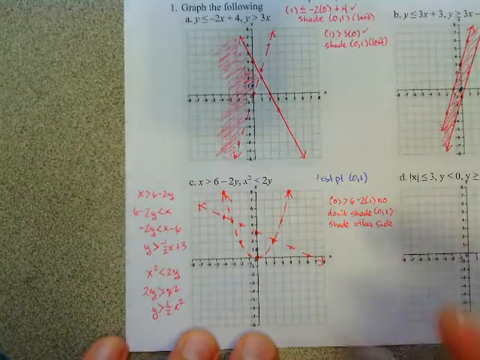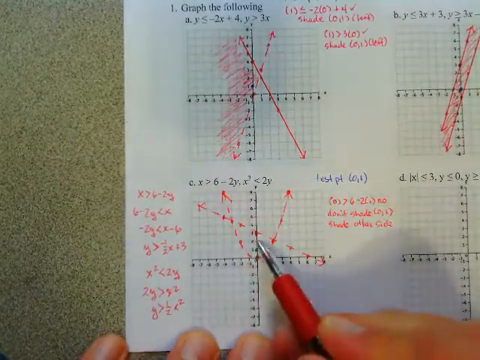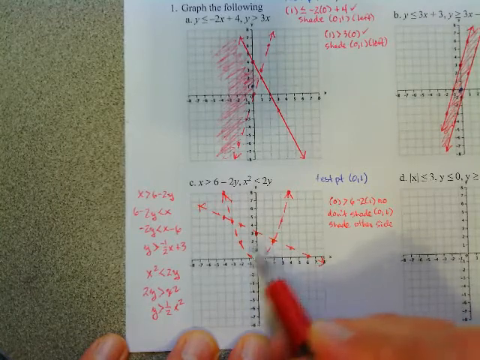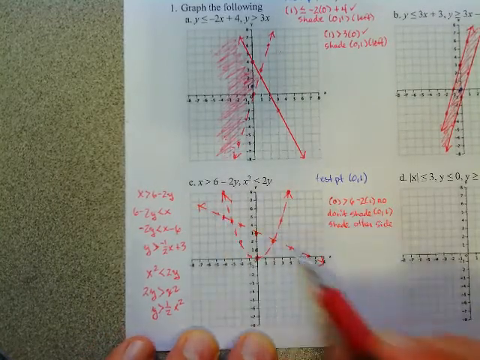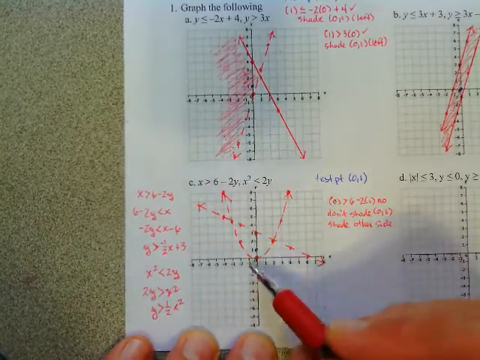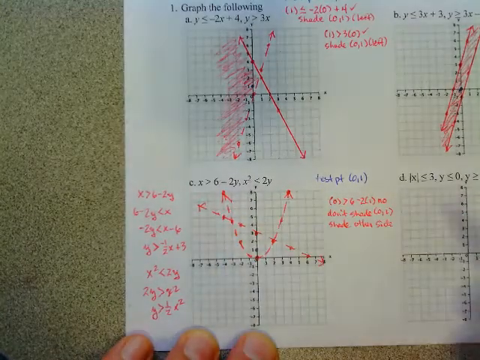We were looking at the straight line part, so we're not going to shade the side down here for this line. Instead, we're going to have to go above the straight line.